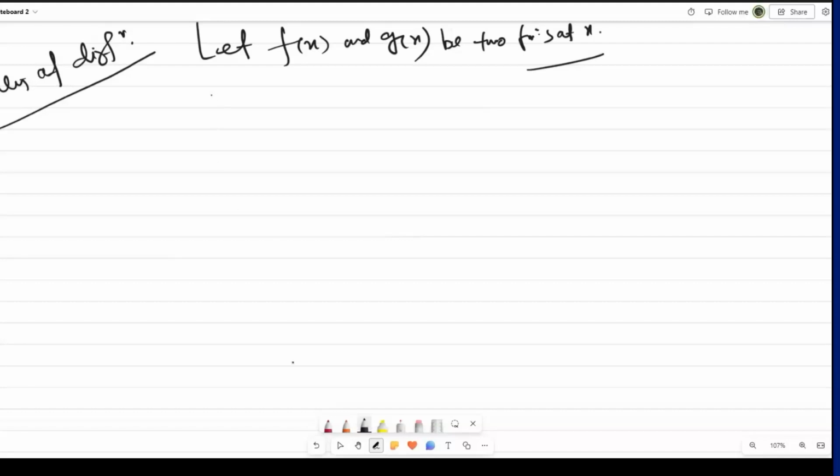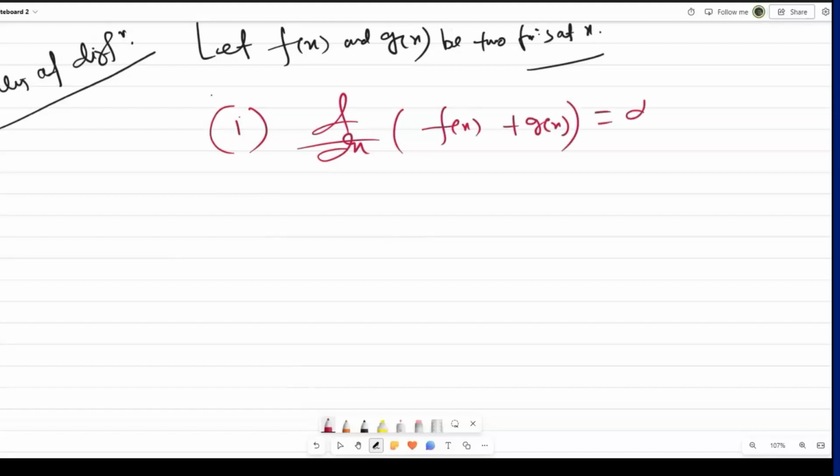The rule of differentiation states that if you find the derivative of their sum, it will be derivative of first plus derivative of second. If there is a minus sign, there will be a minus sign.